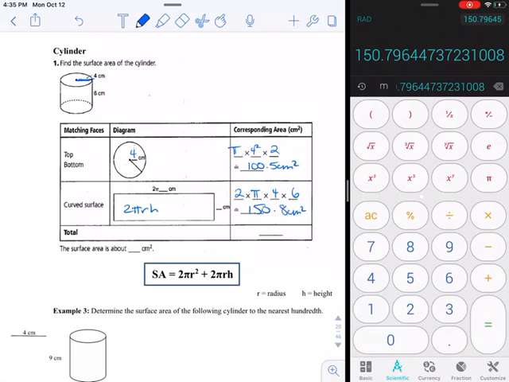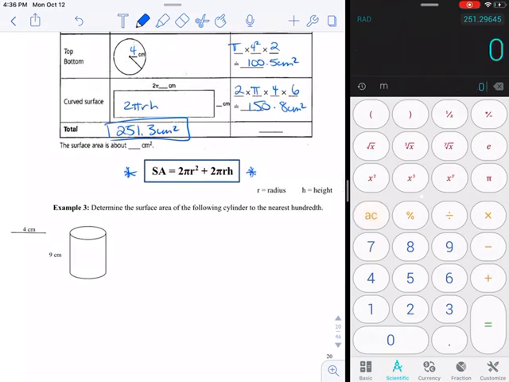So if we add that back to the circles, 100.5, you should get a total of 251.3 centimeters squared. The formula for a cylinder is 2 pi r squared plus 2 pi RH.